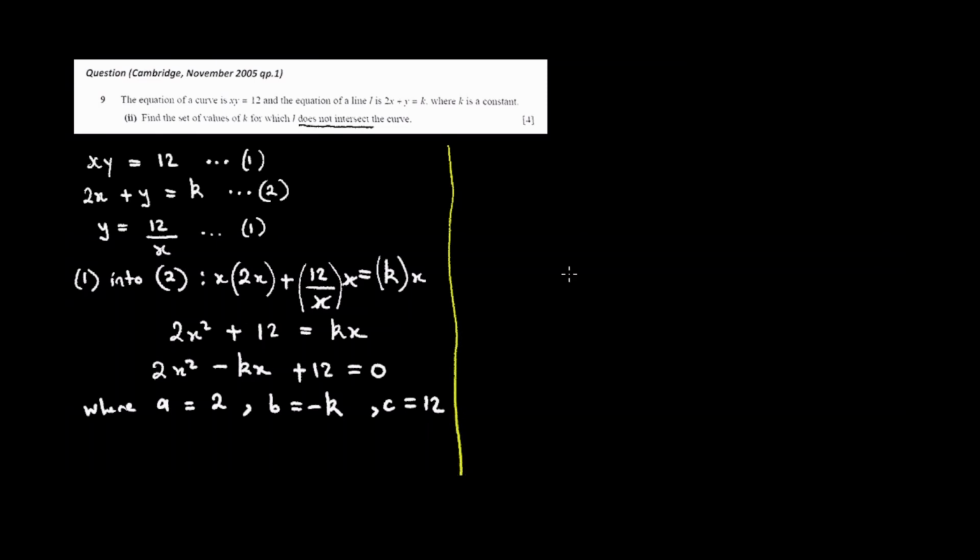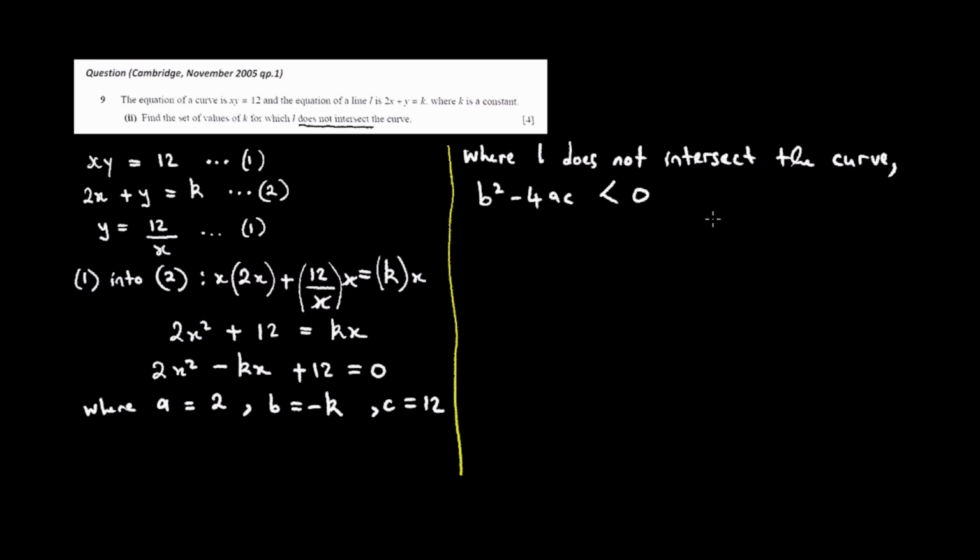Okay, now we note that where L does not intersect the curve, b squared minus 4ac, which is the discriminant, is less than 0.